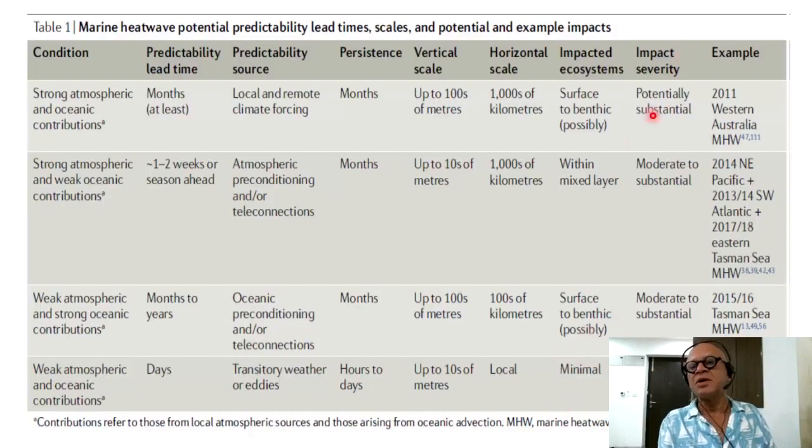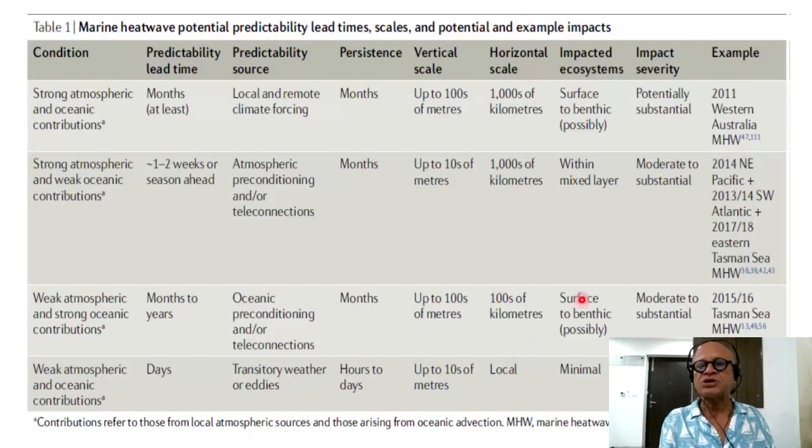Impacts can be potentially substantial, moderate to substantial, or minor, and the conditions associated with them can be strong atmospheric and oceanic contributions, strong atmospheric and weak oceanic contributions for these specific cases, weak atmospheric and strong oceanic conditions, weak atmospheric and oceanic contributions, and so on. So again, these are specific events that were identified.